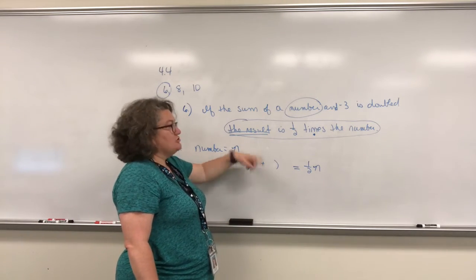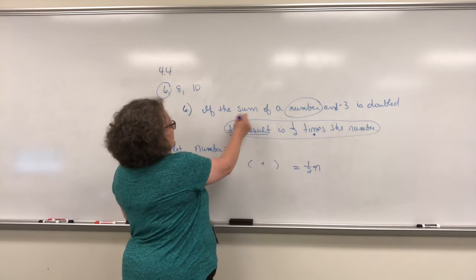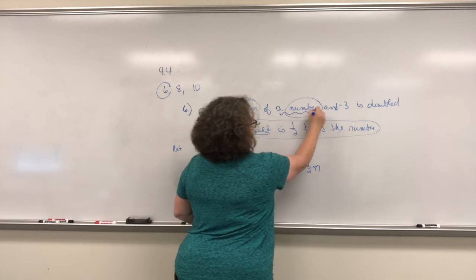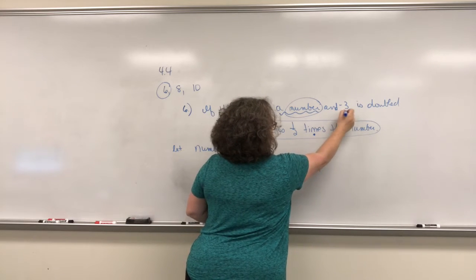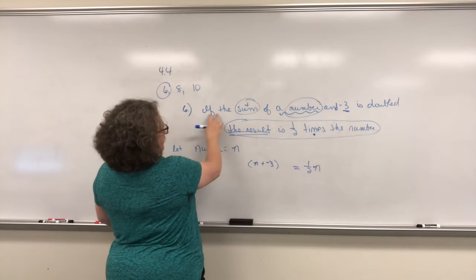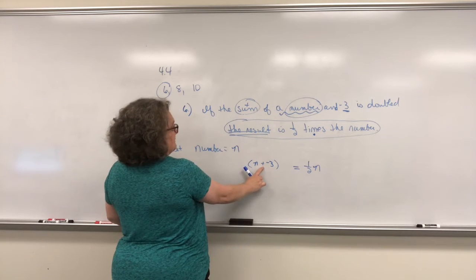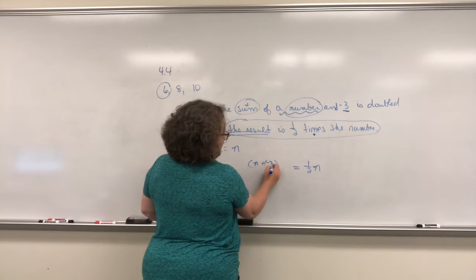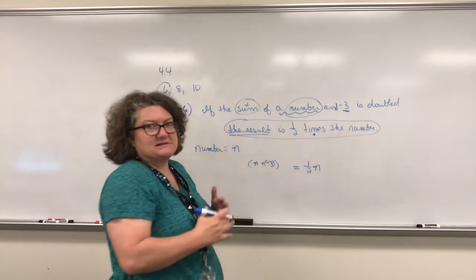The and tells you the two things you're going to add together. So I'm going to find the sum of a number and -3. Let me put another little set of parentheses around that because I don't like to have a plus sign and negative sign right next to each other.